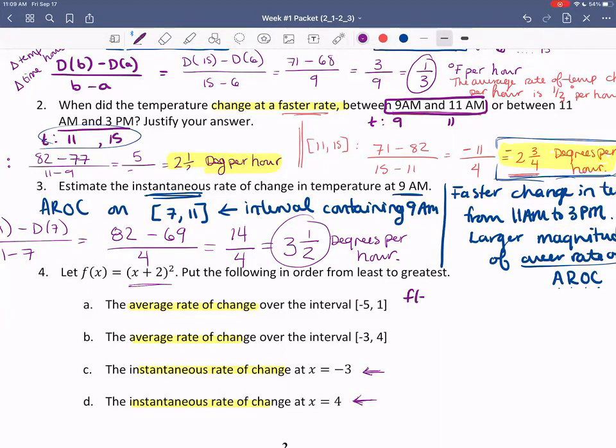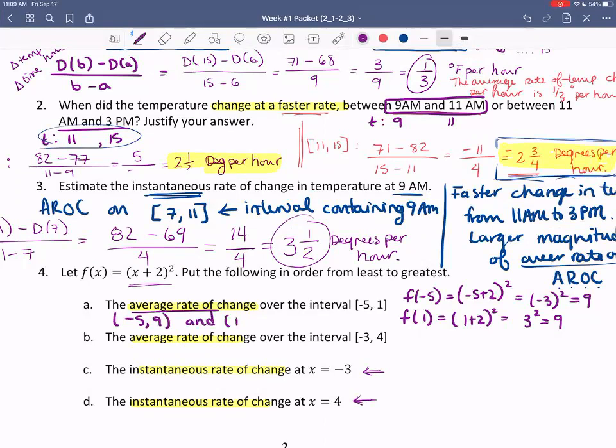So f of -5 would be (-5 + 2) squared, which is going to be equal to (-3) squared, which is 9. And then for 1, f of 1 is (1 + 2) squared, which is 3 squared, which is also 9. So we want to look at the slope between the points (-5, 9) and (1, 9).